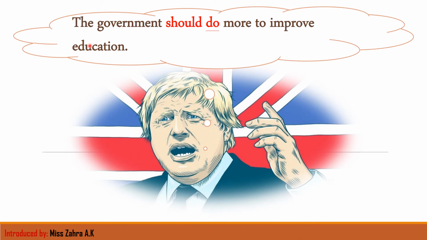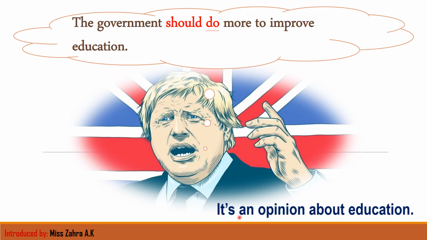And another one: the government should do more to improve education. الحكومة should do ينبغي أن تعمل more الأكثر أو الأفضل to improve education لتطوير التعليم. If we see this example, it is an opinion about education. هذا هو رأي about education حول التعليم بشكل عام, about the schools, how we improve the education, about students, books, teachers.